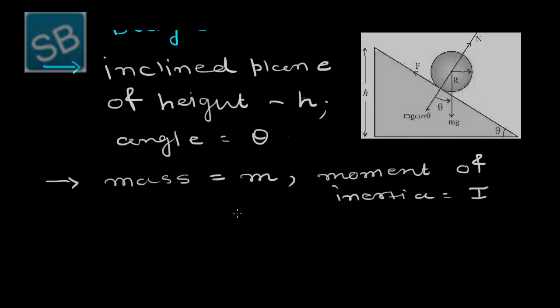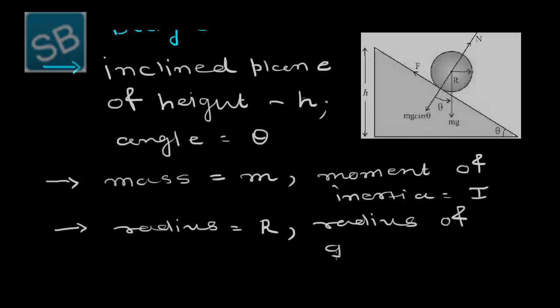Now, here the geometrical radius is given by capital R, and also the radius of gyration according to the mass distribution is given by capital K.